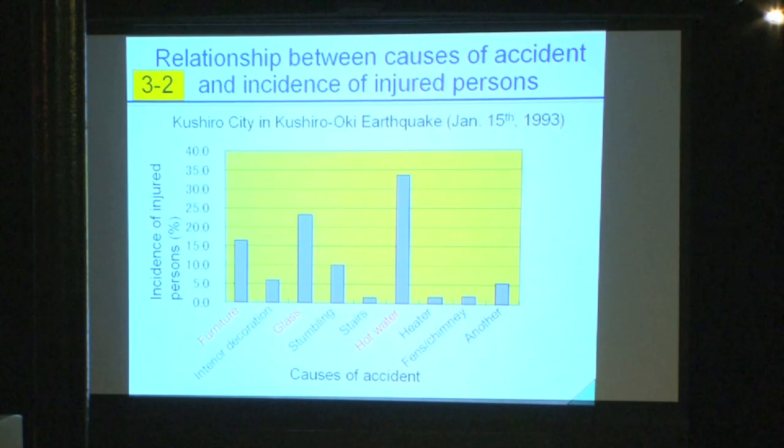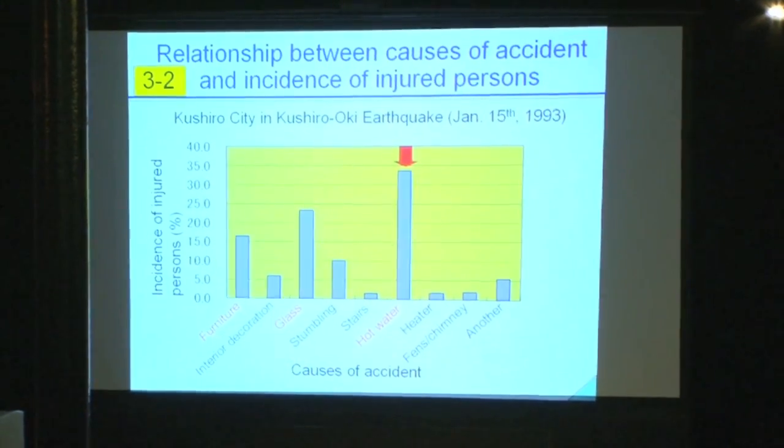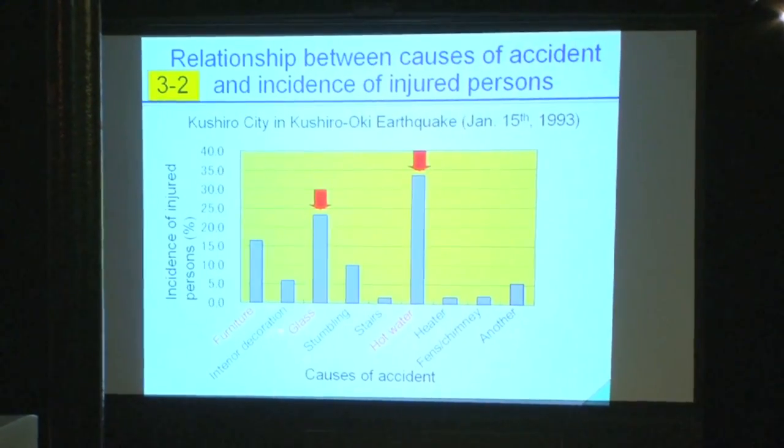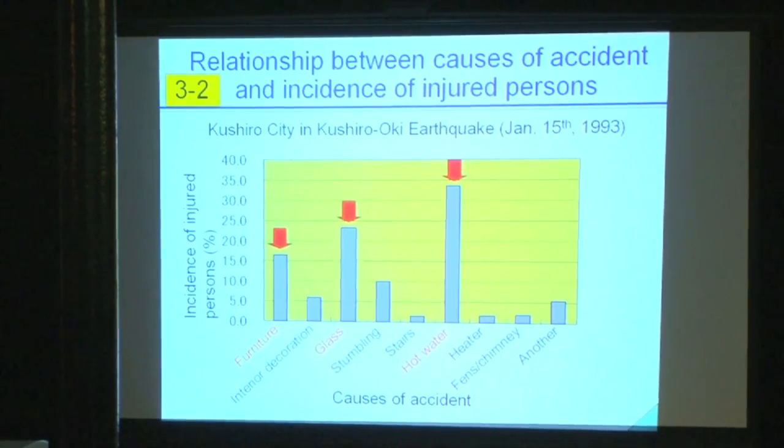This figure is a relationship between causes of accidents and incidents of injured persons, taken from the Kushiro-oki earthquake. The top 3 causes were hot water, broken glass, and fallen furniture.